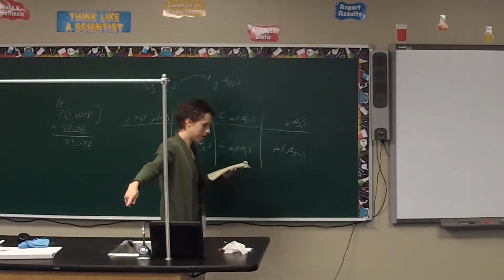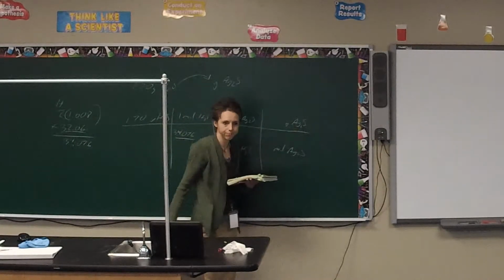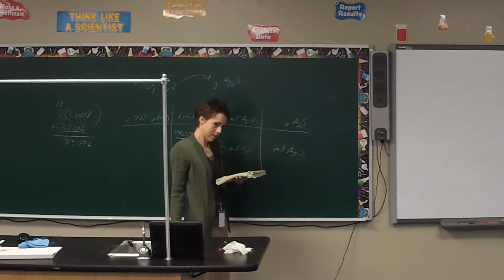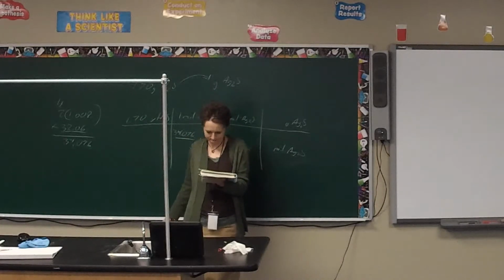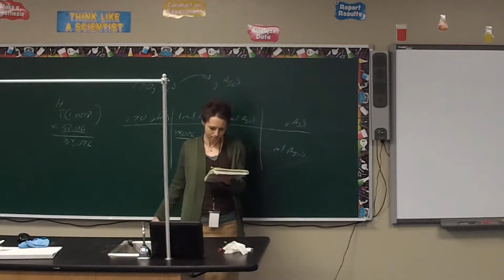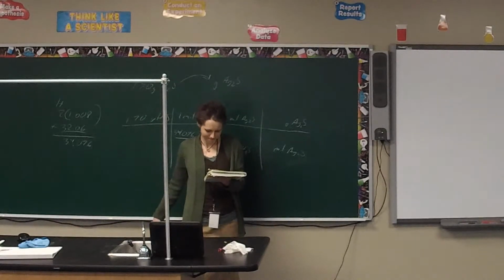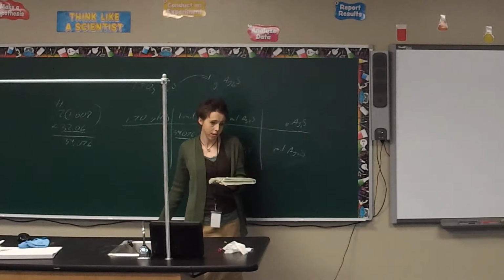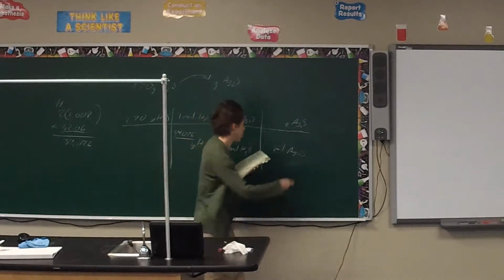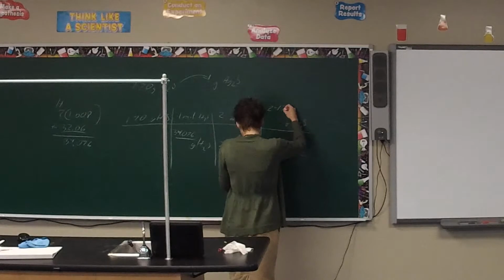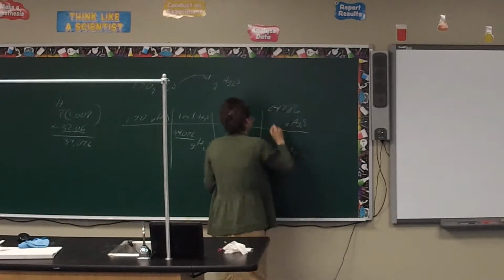Sulfide is 32.06. There's 2 silvers. 107.9 times 2 equals 247.86. Good job. Is that what you got, Ethan? Yes. Okay.